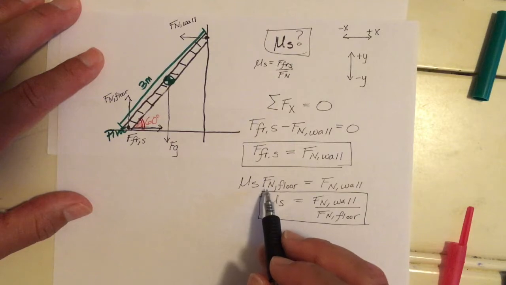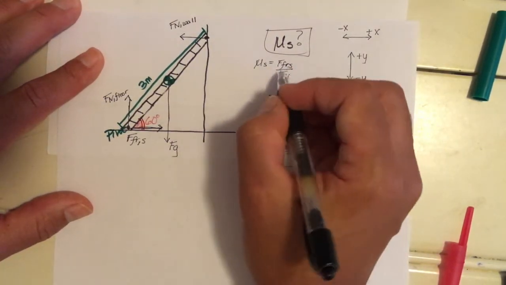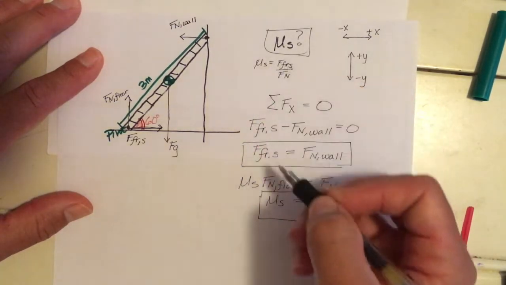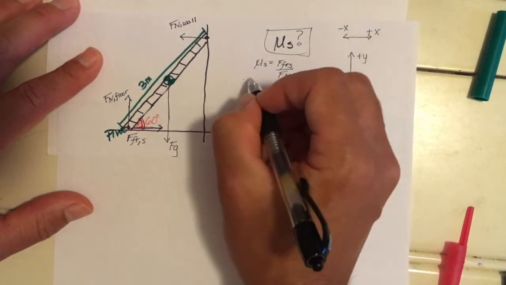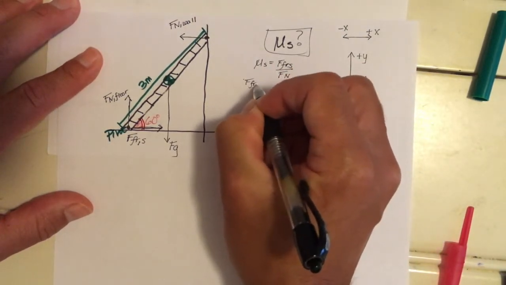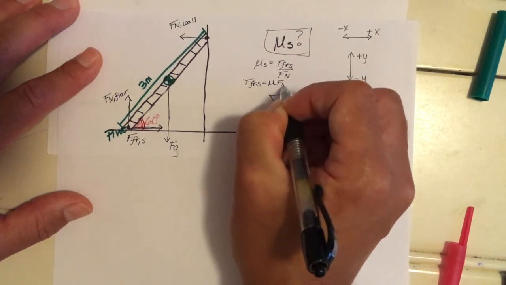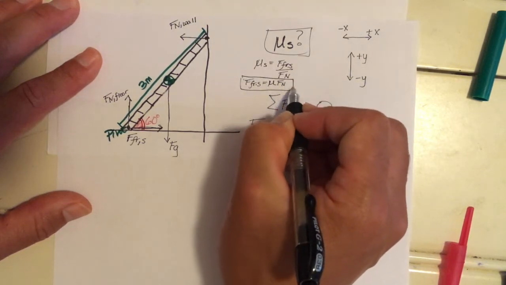I'm trying not to confuse people at the same time. What I did below is I rearranged this one more time to get this, and this is what I ended up using.